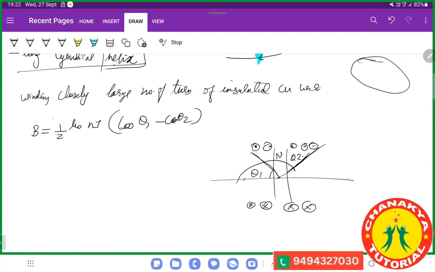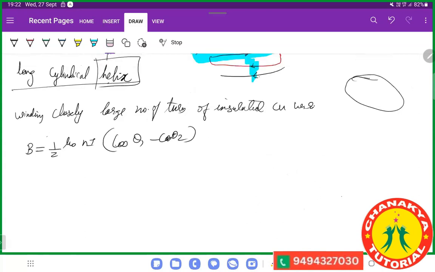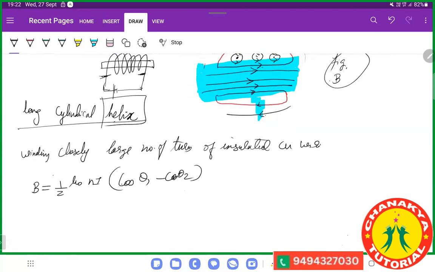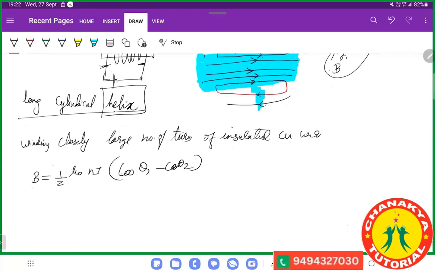In short, what we have to do is integration. So these will be our maximum limits: it starts from here and ends here, so the maximum is theta 2 and the minimum is theta 1. We are not going deep into those things, not required. So we got B equals 1/2 mu naught n I (cos theta 1 minus cos theta 2).